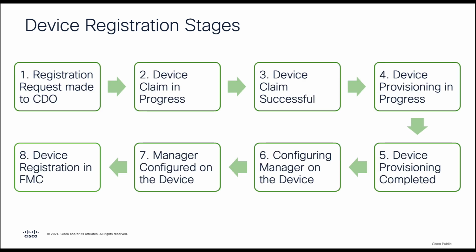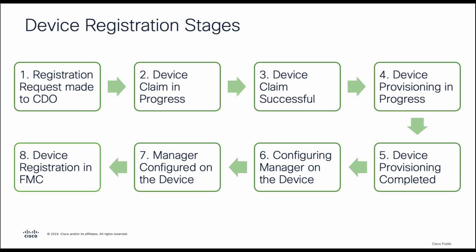Let's take a look at the device registration steps in detail. As soon as the devices are added via the new wizard, a request is sent from the FMC to the CDO. Then CDO waits for the device to come online and claims it when the device connects to the cloud. And ultimately, the device claim is successful.